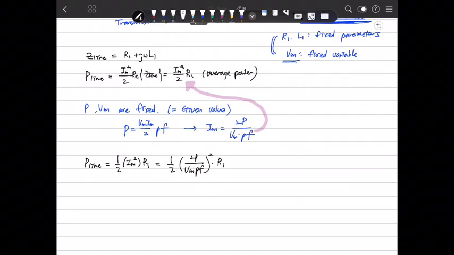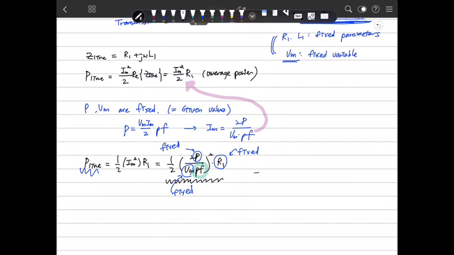So we need to see the power line loss in detail. R1 is fixed and P is fixed. Why? This is the required load. And Vm is fixed. The only variable we can use to minimize the power line loss is the power factor.